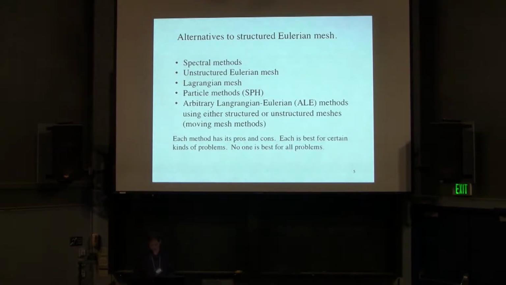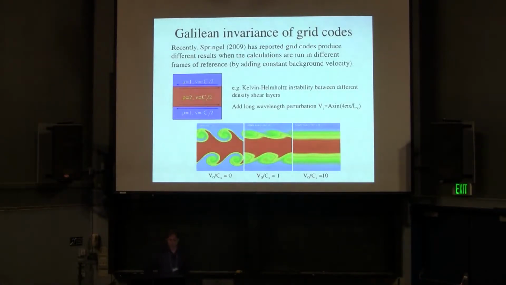So maybe a bit more about Galilean invariance then. In a recent paper introducing the Arepo code, Springel has reported that grid codes give you a different solution when you boost the solution by a constant velocity.